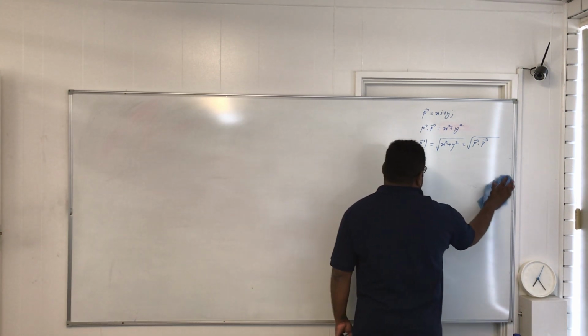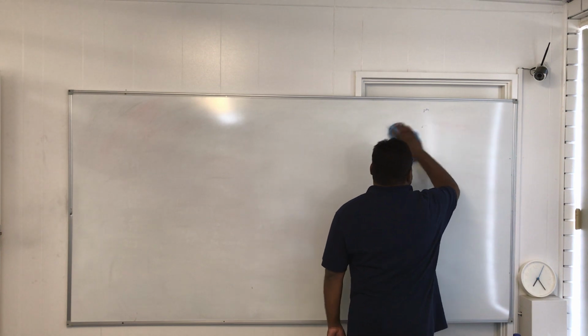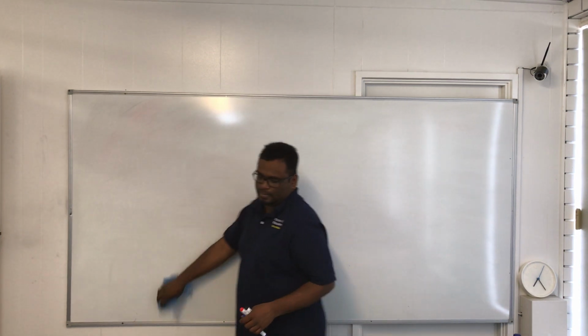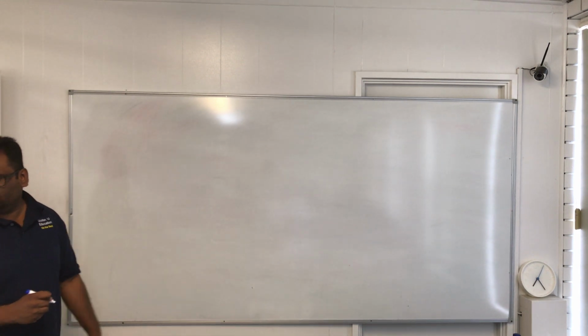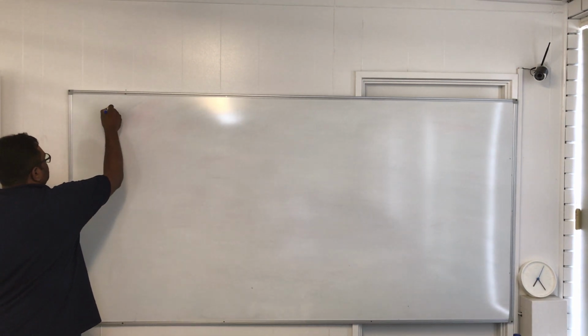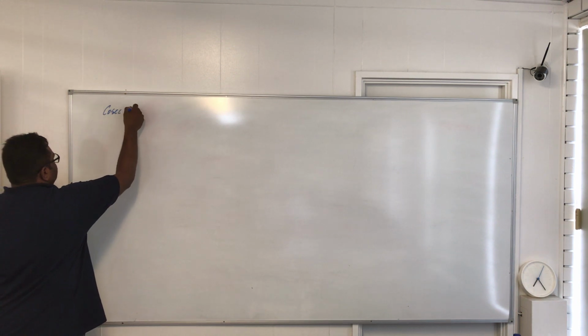Sin A plus B plus sin B plus A. Cosec 5 pi divided by 12. So that is sin of.